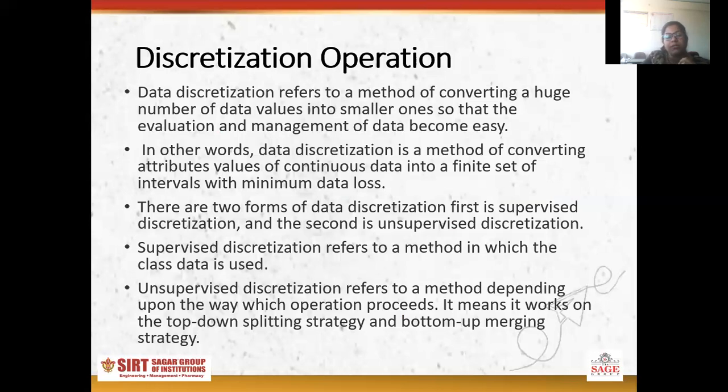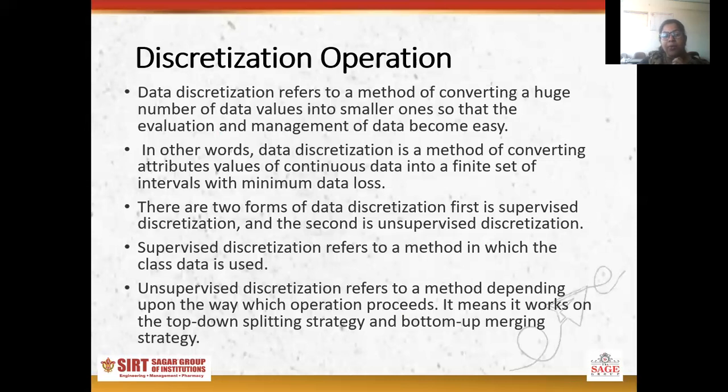So it is a similar thing: discretization refers to a method of converting a huge number of data values into smaller ones so that the evaluation and management of data becomes easy.